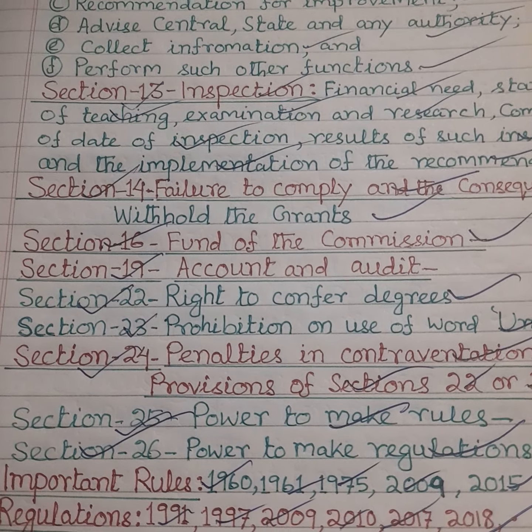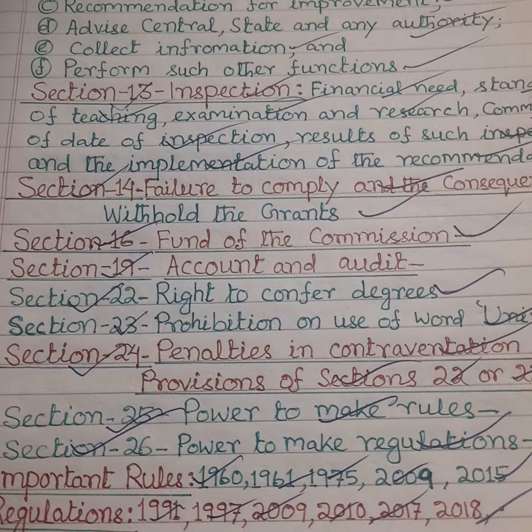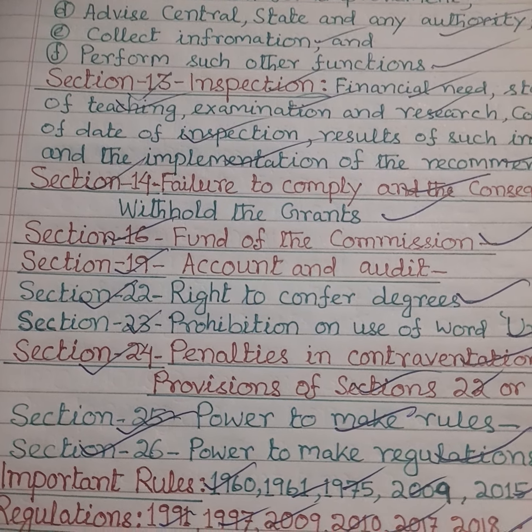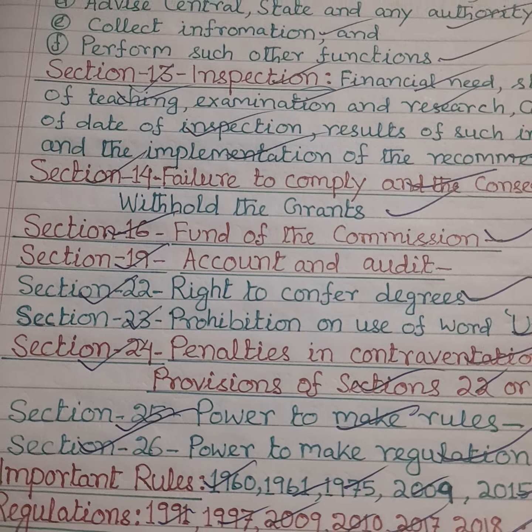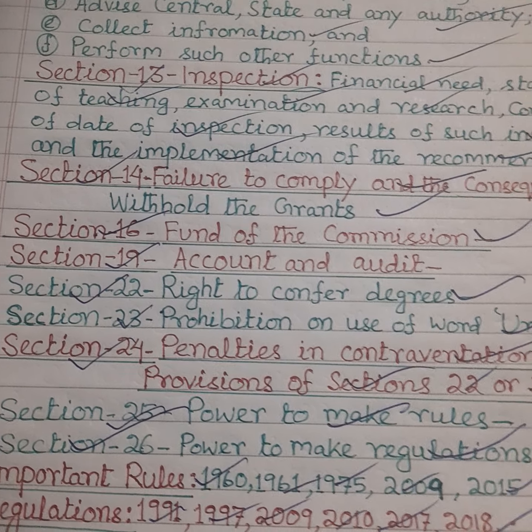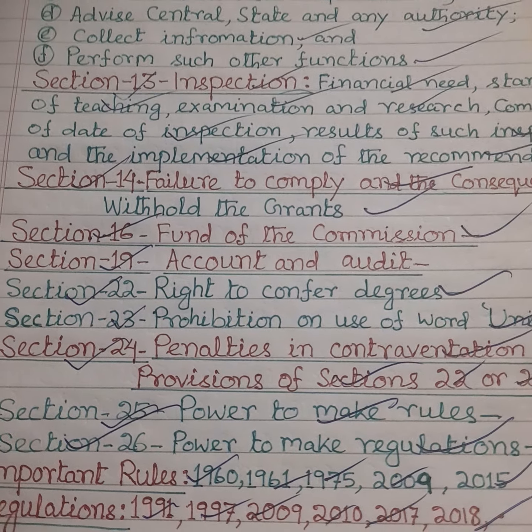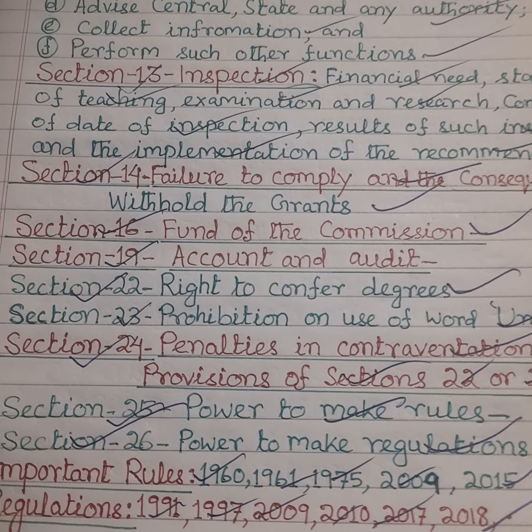In particular, in 1960, the rules were made regarding inspection of universities, and the 1961 rules also pertain to University Grants Commission inspection of universities.